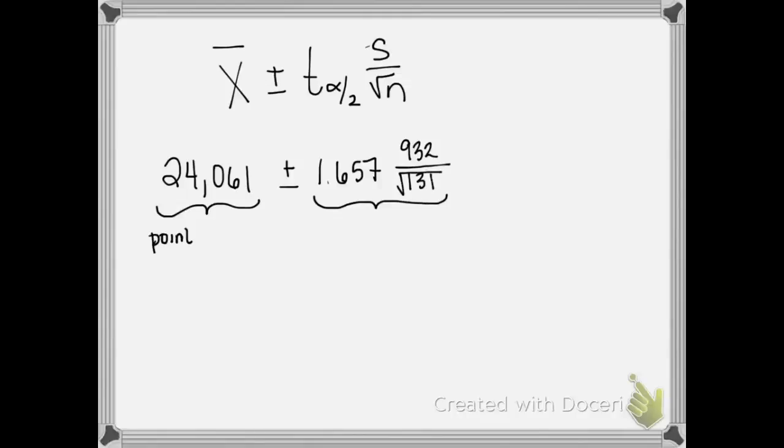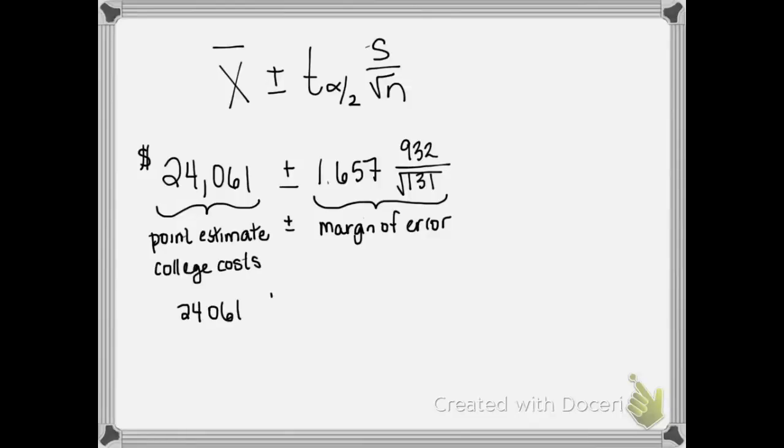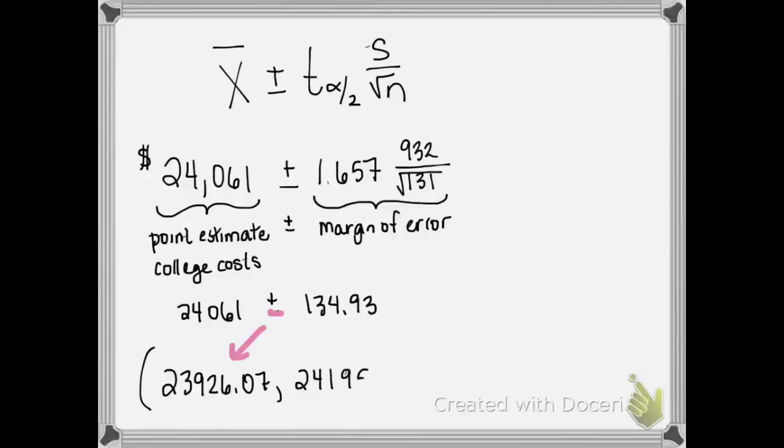If I now plug in these values, I get x bar plus or minus the critical value times the sample standard deviation, which was given on the first page, 932, over the square root of n. I multiply all that out. The first part is the point estimate. If I asked approximately how much it costs to go to a public in-state college, somebody could tell me approximately $24,061.